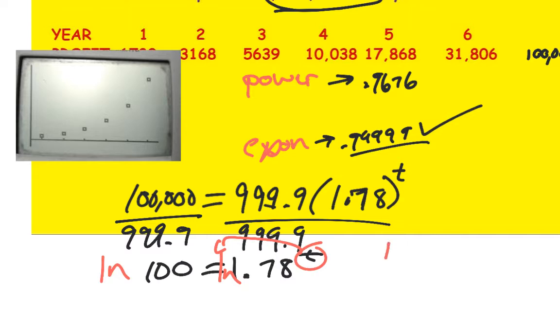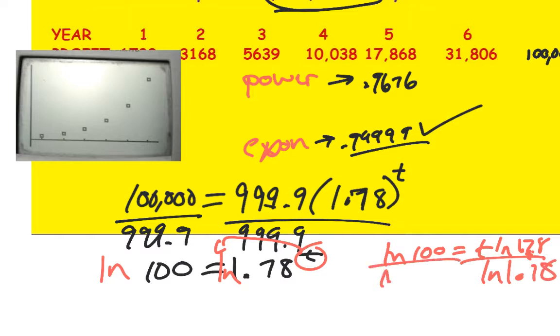So this is going to be the natural log of 100 equals t times the natural log of 1.78, divided by the natural log of 1.78 to solve for t. And I get t is approximately 7.99 years.